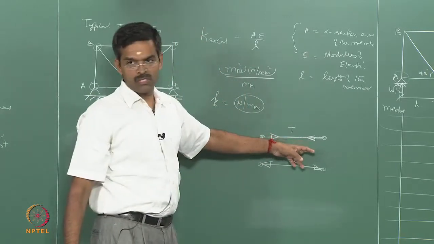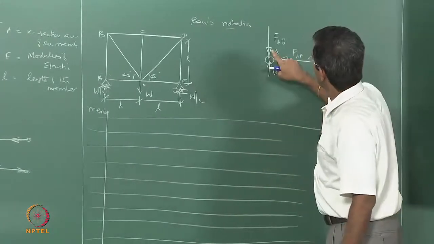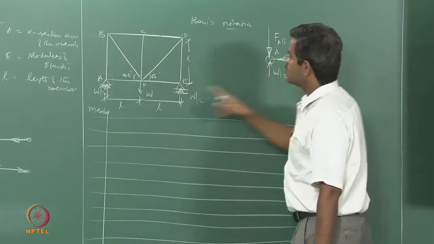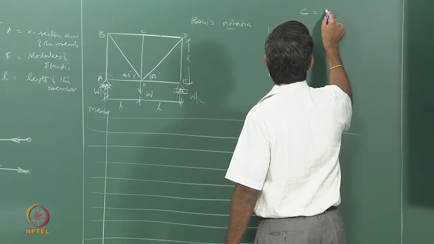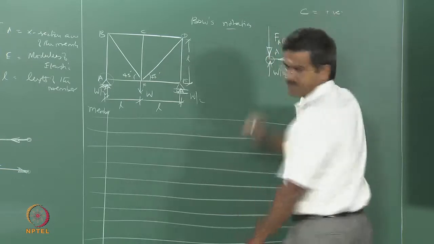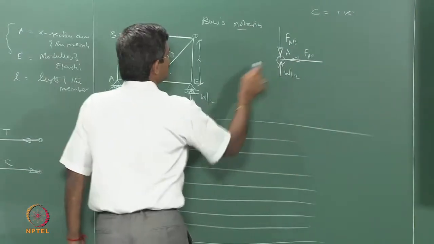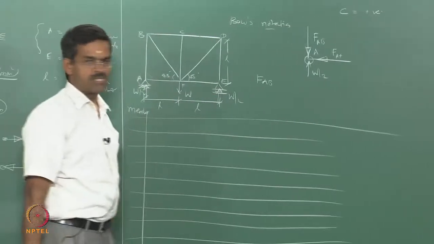So, I have to assume the nature. So, I have taken this. Obviously, it is understood that if you put compression here, it is going to be compression here also. So, I say compression is positive. Okay. So, I quickly say that FAB is acting downward, I have sign convention.